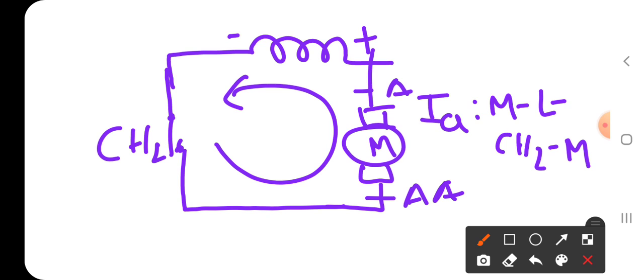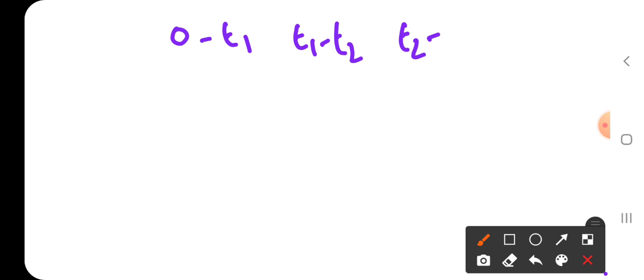The same, all modes are repeated again. This is the operation of this chopper. Now, in order to draw the circuit diagram and waveforms, I will give the data like this: 0 to T1, T1 to T2, T2 to T3, T3 to T4.